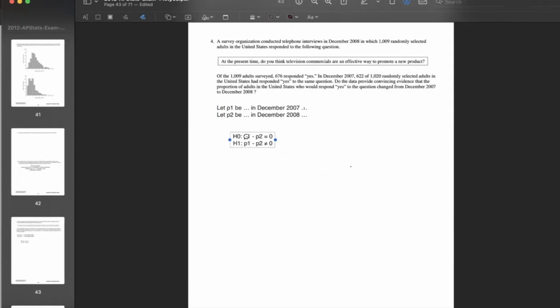And now what procedure would we use? Since we have proportions and we have 2 samples, we would use a 2-sample z-test for comparing proportions. So make sure you specify what procedure you're using, otherwise you could also lose points.